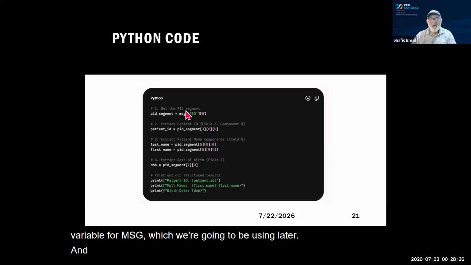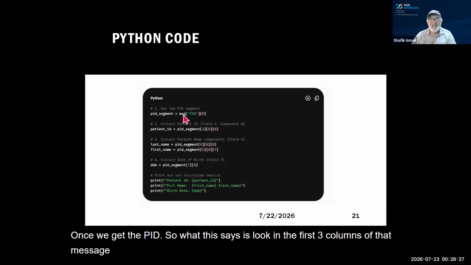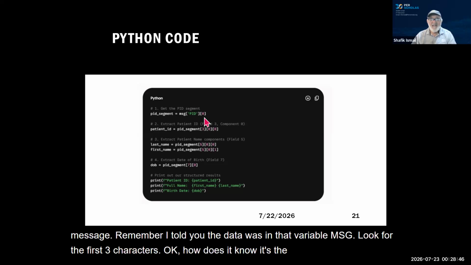And then once we get the PID, what this says is look in the first 3 characters of that message. Remember I told you that data was in that variable msg? How does it know it's the first 3 characters? It's because of that 0 right there.